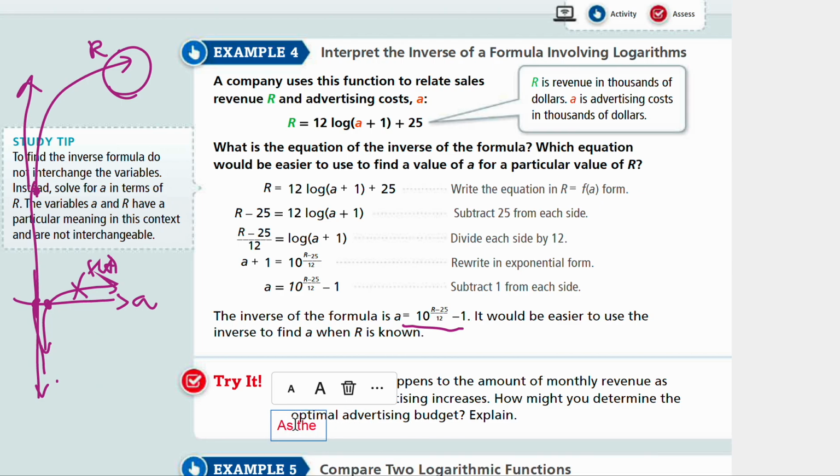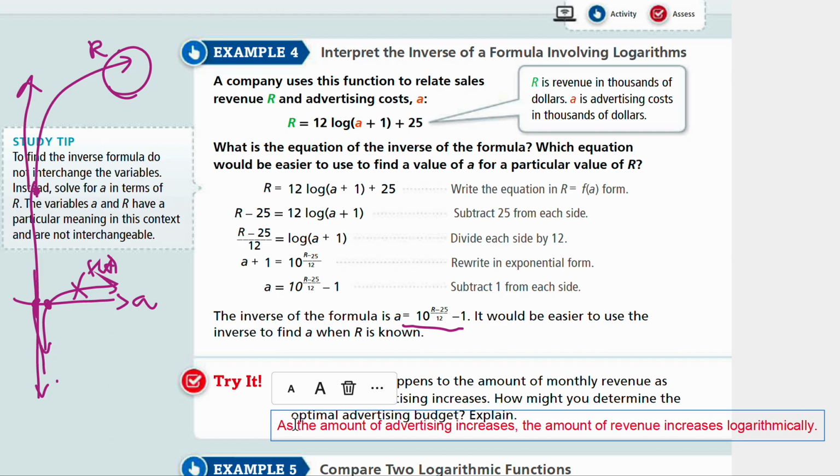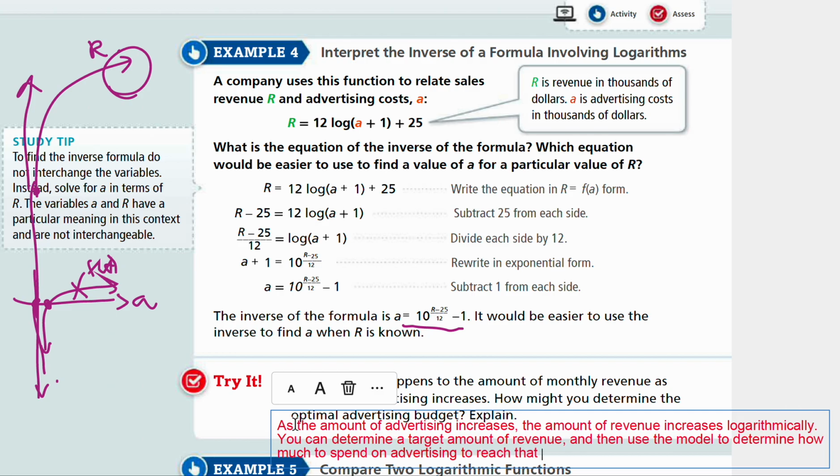As the amount of advertising increases, the amount of revenue increases logarithmically. You can determine a target amount of revenue and then use the model to determine how much to spend on advertising to reach that target.